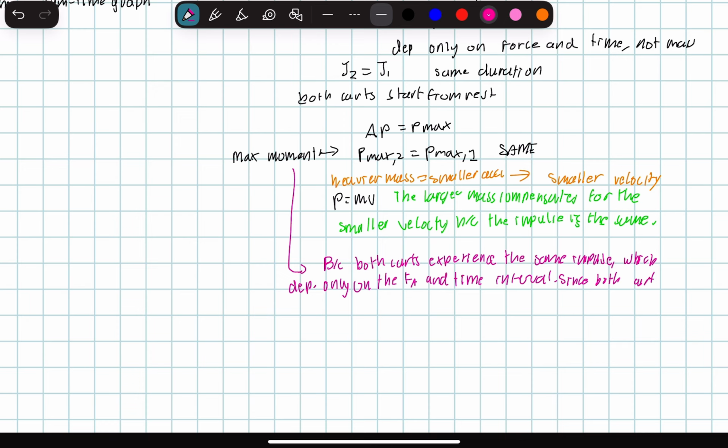Since both carts start from rest, the delta P, and thus the maximum momentum, is the same for both.